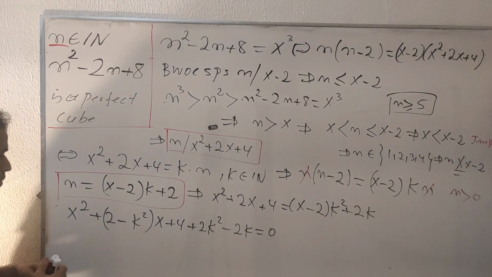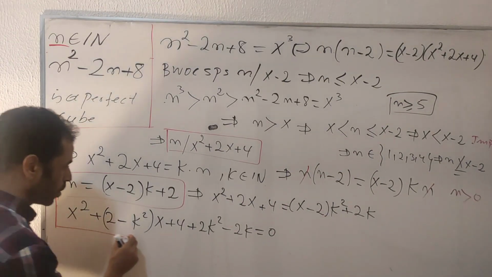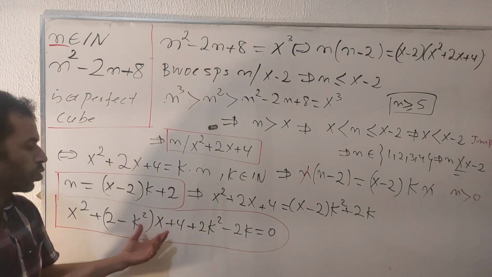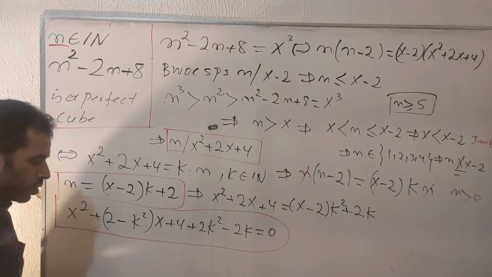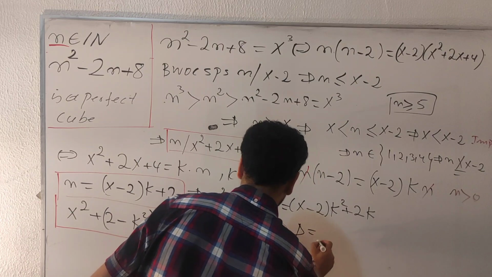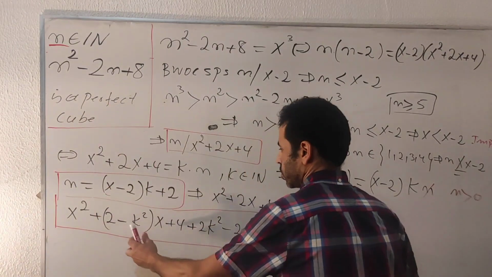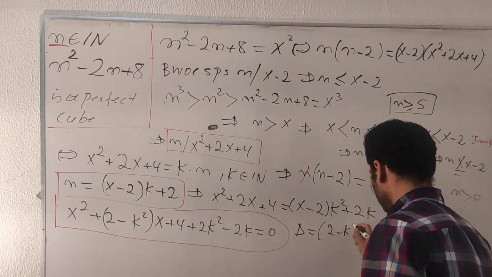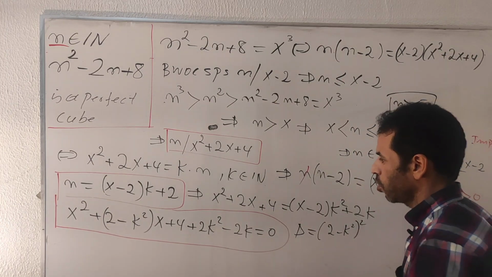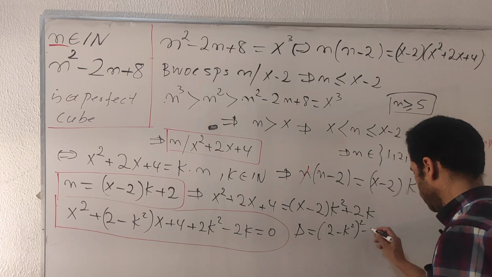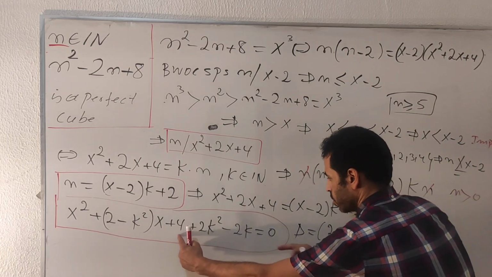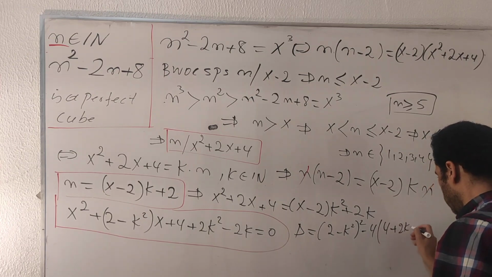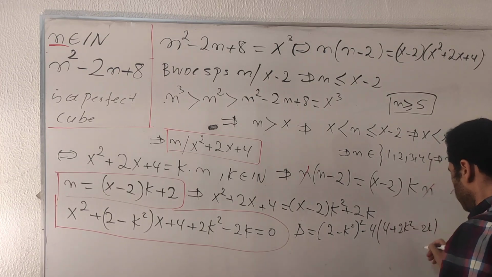Now we end with this final expression. I'm simply going to calculate its discriminant, delta. Delta equals (2 minus k squared) squared minus 4 times (4 plus 2k squared minus 2k).